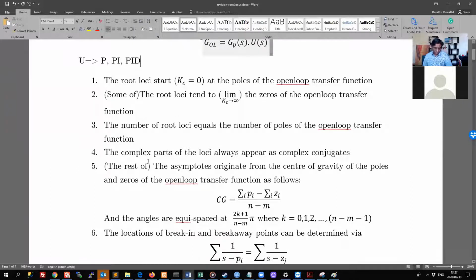And then I'm just going to come back to 3 and 4, and then the rest of the roots. So this covers some of the roots, right? So number 1, we've got the loci starting at the poles. And usually there are more poles than there are zeros, right? So if you have 3 poles, you might have just 1 zero, for example.